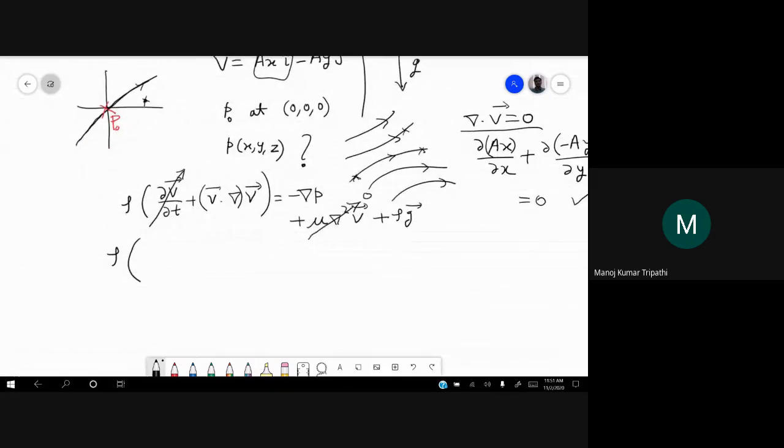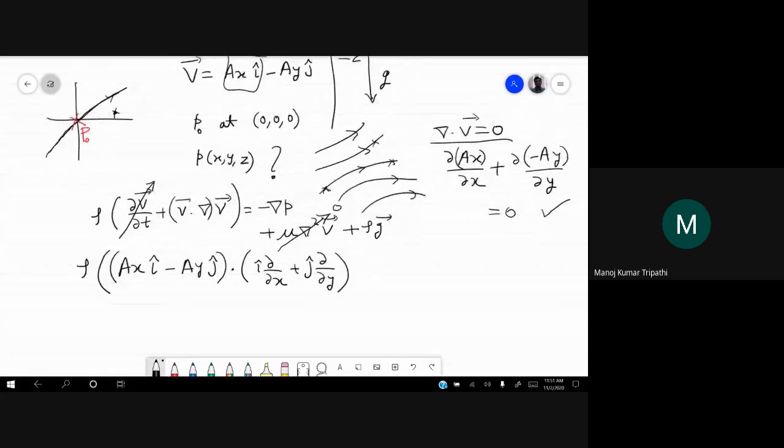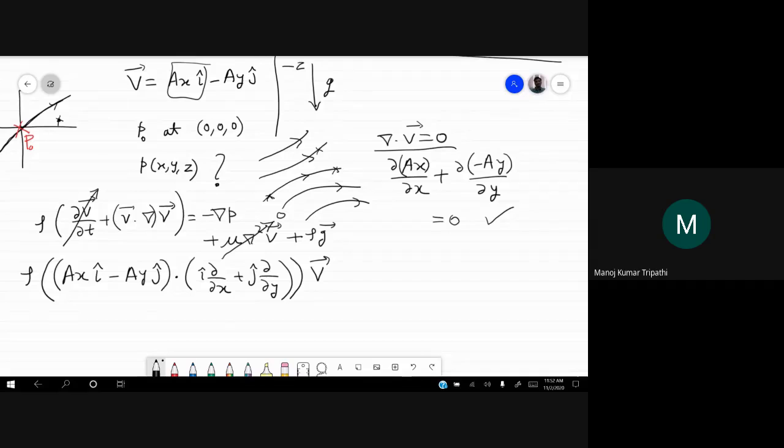Ax, let me write it, minus ay j cap dot product, okay, this whole thing acting on v, which is ax I cap minus ay j cap, which we'll write.